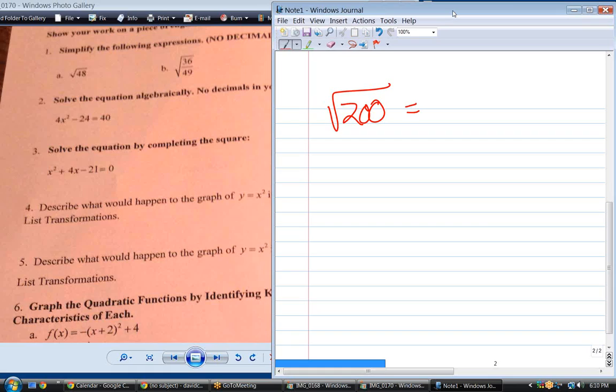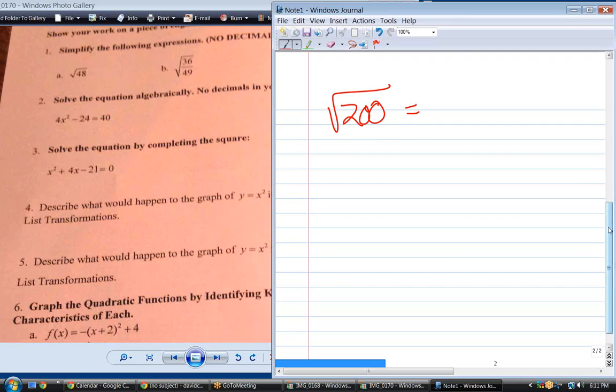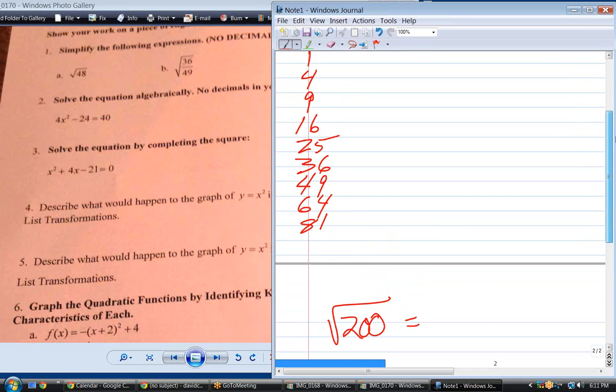What would I do with the square root of 200? Would you figure out what the biggest... Give me factors of 200, one of which has to be a perfect square number. In other words, here's my perfect square numbers again.